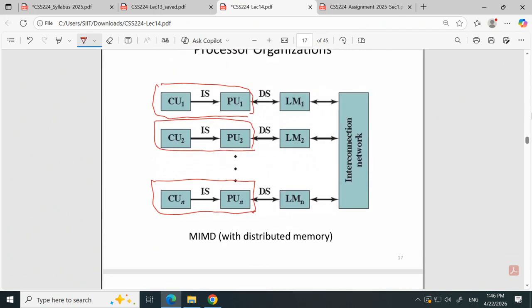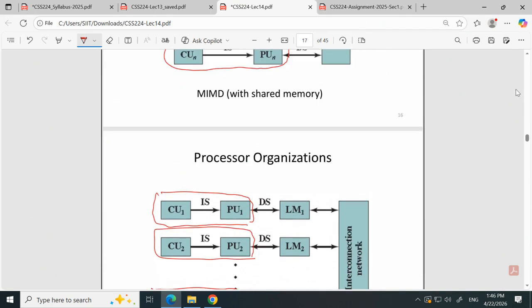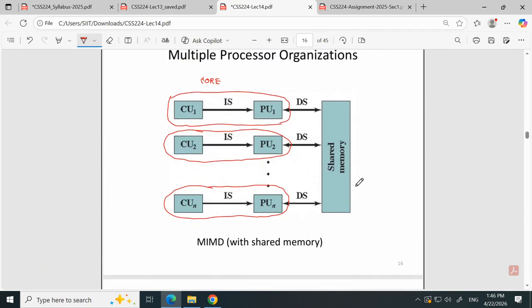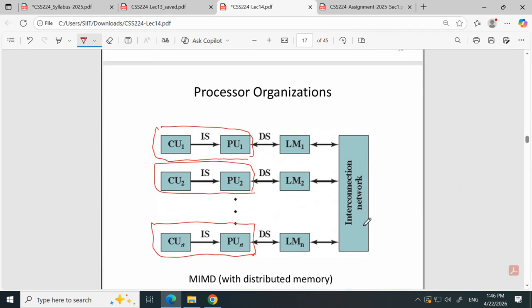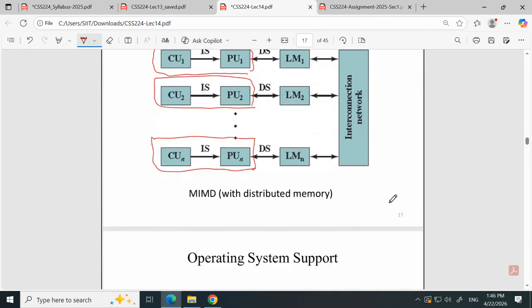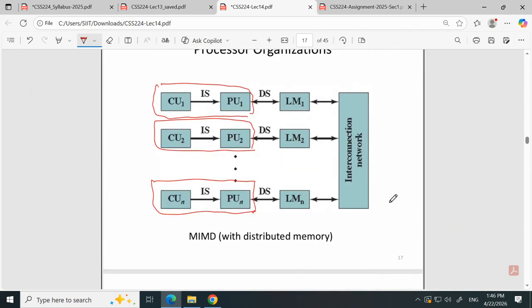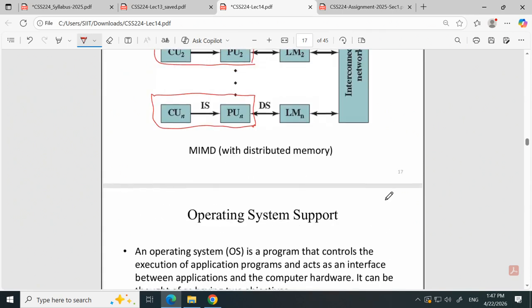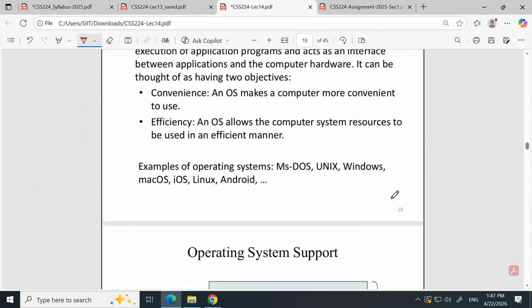This one is supposed to be bigger than this system. You can see that there's a network here. I think I need to speed up.